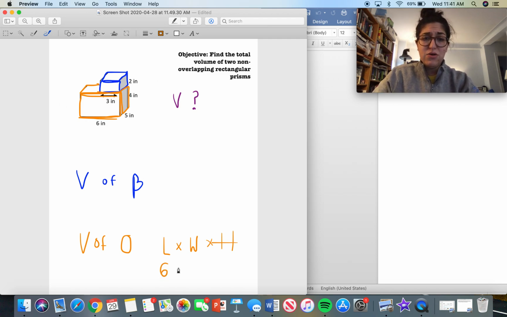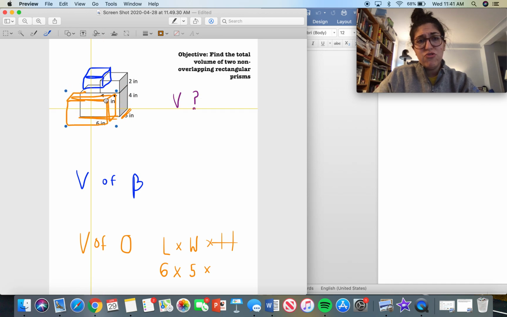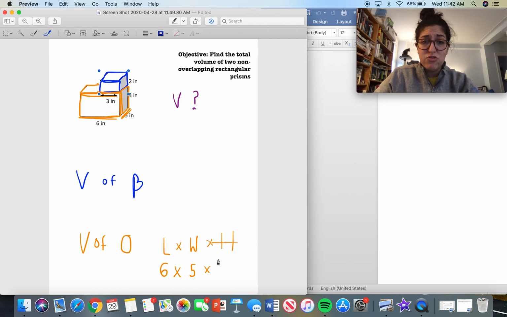6. Now, if I look for the width, it is 5, right? 6 times 5, and the height is, well, I see a 2 and I see a 4, but if we take the blue away and this orange away for a minute, you'll see that the orange only extends to here, and that's 4 inches, right? If I go above that, that's getting into my blue rectangle, which is not what I want to do. So my height is 4.